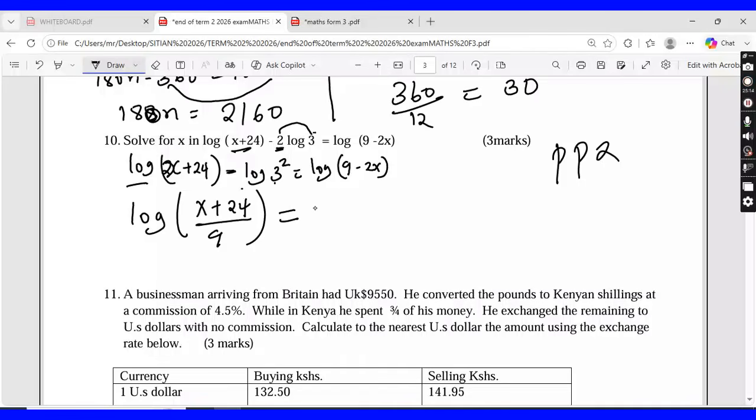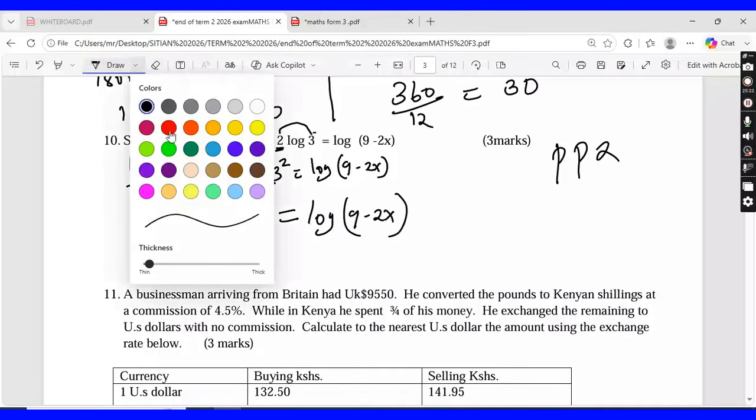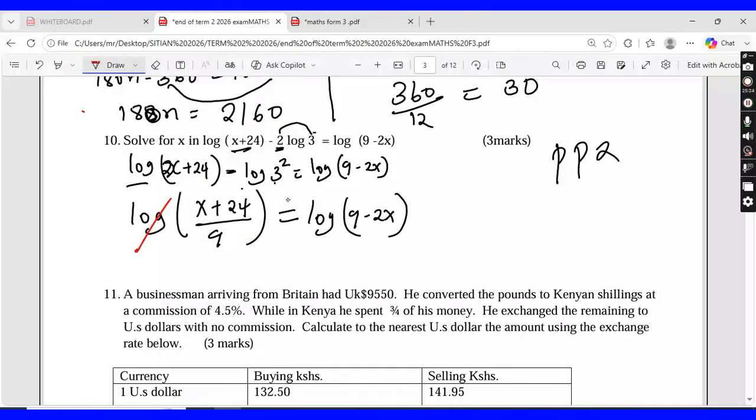That will give me log 9 minus 2x. So we have log on the left side and log on the right side. So this one and this one will cancel out. We will have now x plus 24 divided by 9 is equal to 9 minus 2x.